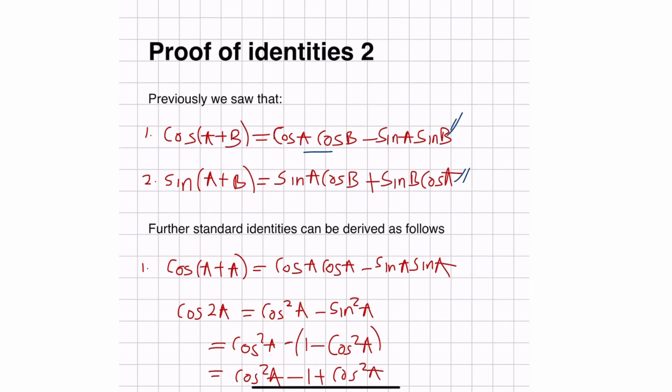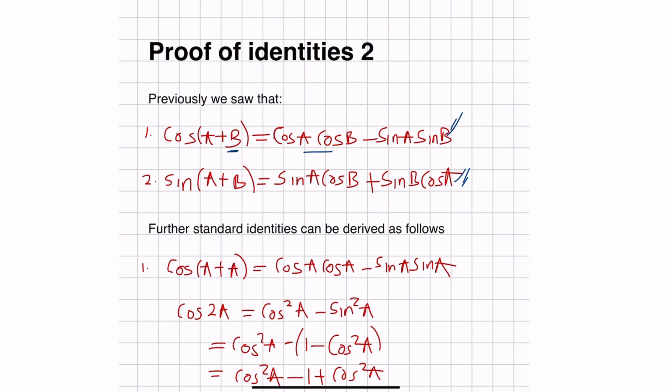For us to further derive other standard identities that we are supposed to be able to use, we can now replace B right here with A, so that we have identical terms inside the bracket.